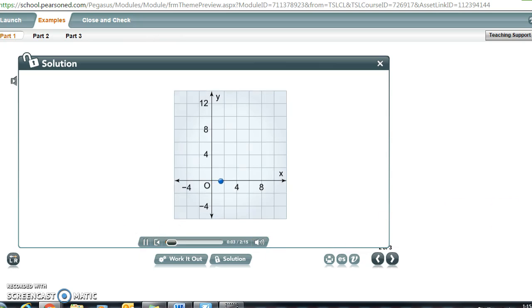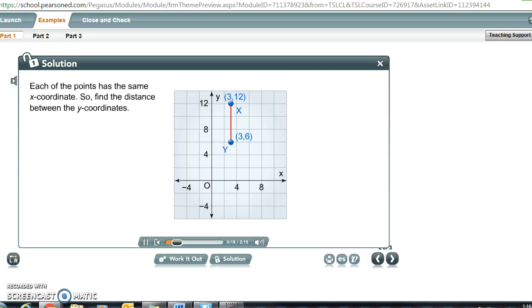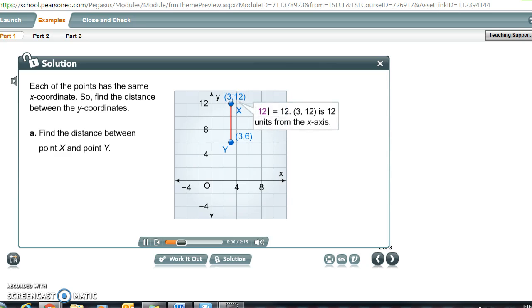Point X is at 3, 12 on the graph. Point Y is at 3, 6 on the graph. Each of the points has the same X coordinate, so find the distance between the Y coordinates. Part A. Find the distance between point X and point Y. The absolute value of 12 equals 12.